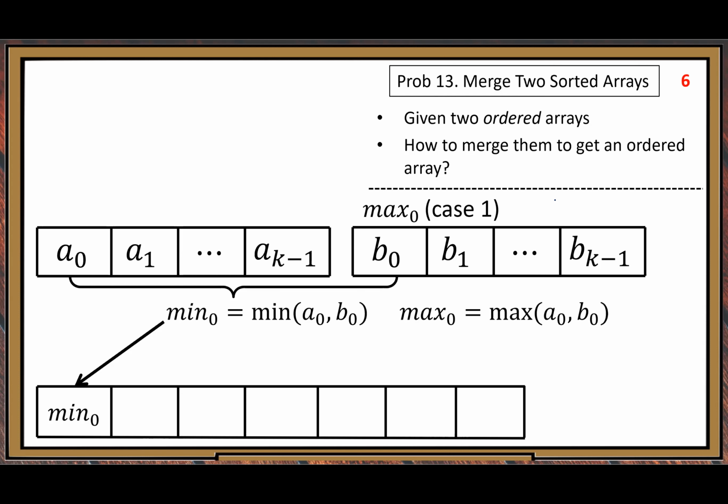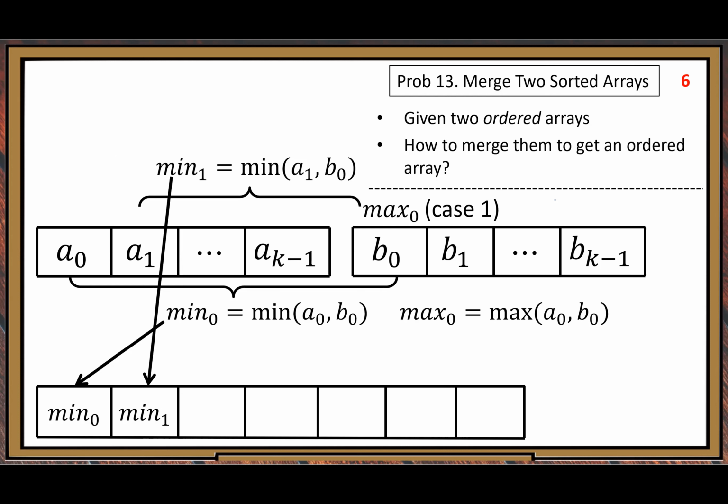For the next comparison, we compare A1 and B0. Which one is smaller? The smaller one we call min 1. Min 1 should be the second element in our destination array. So after our second comparison, min 1 is in place, and so on.